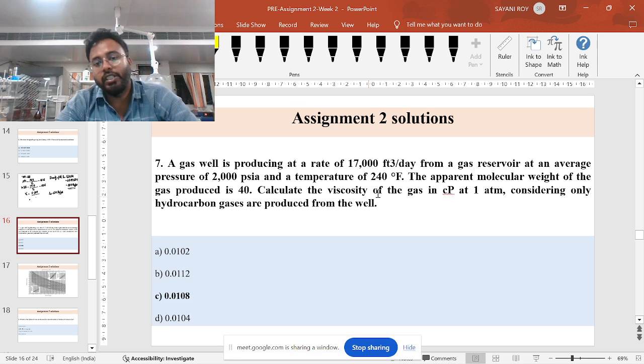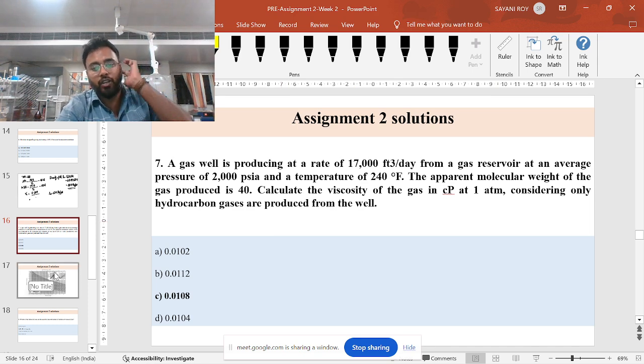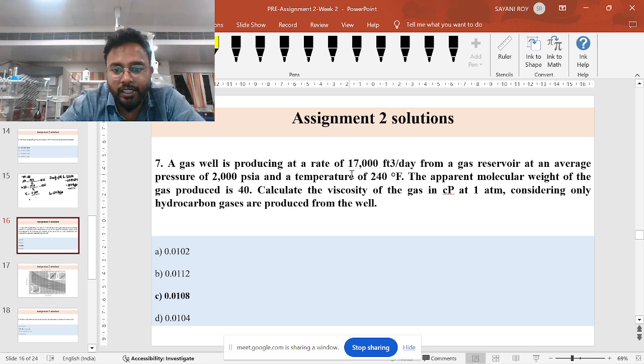Calculate the viscosity of the gas in cP at 1 atm, considering only hydrocarbon gases are produced from the well. The graph that is given is only for hydrocarbon gas. So the temperature is 240 and the molecular weight is 40.